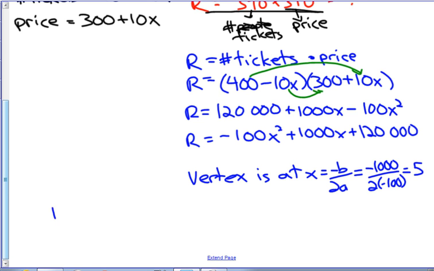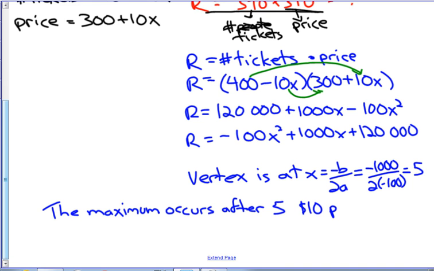So we could say the maximum price occurs after 5 $10 price hikes. This means a selling price of $350.